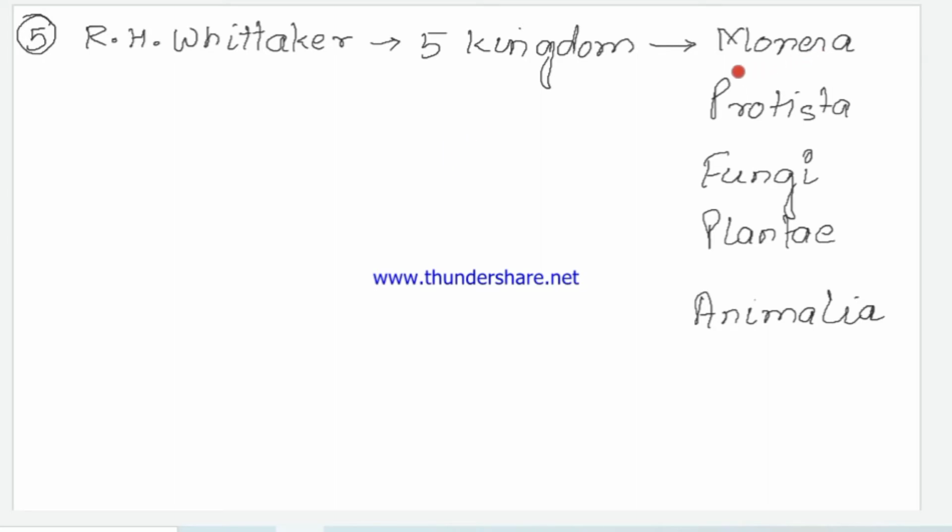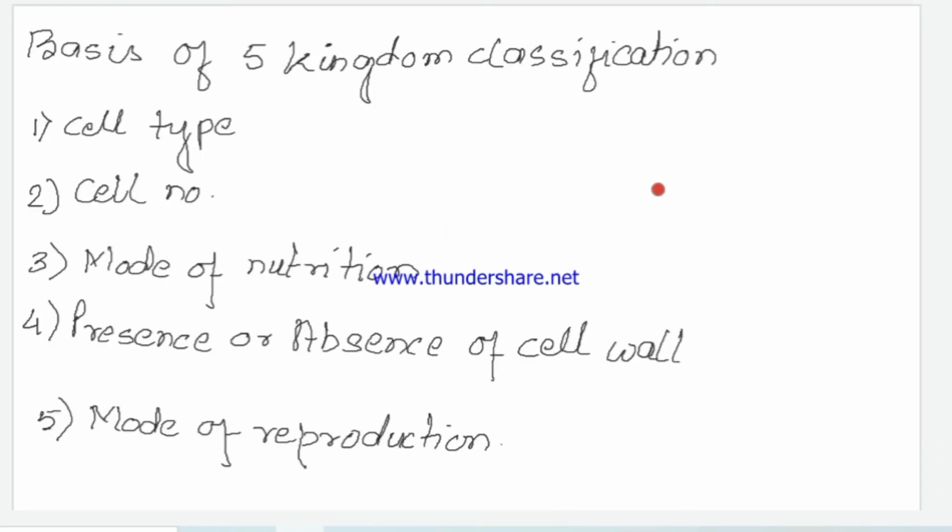He classified organisms into Monera, Protista, Fungi, Plantae and Animalia. He used certain characteristics to classify these organisms, and he also kept in mind the evolutionary relationship among the organisms. So phylogeny was taken into account during the classification.